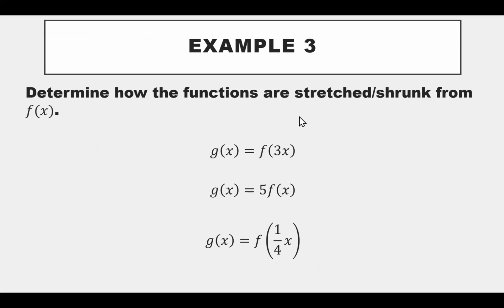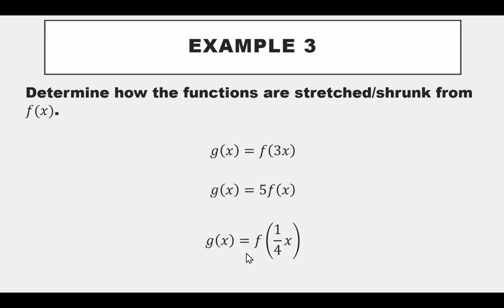So let's take a look at this example. We have g of x is equal to f of 3x. And then g of x is equal to 5 times f of x.